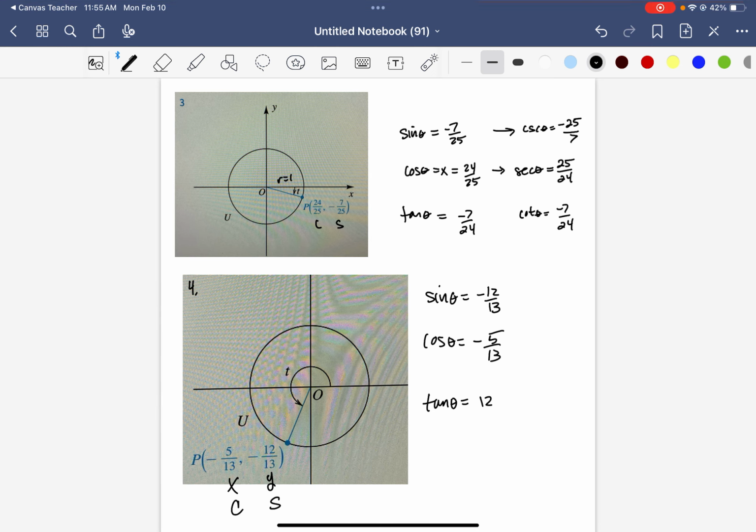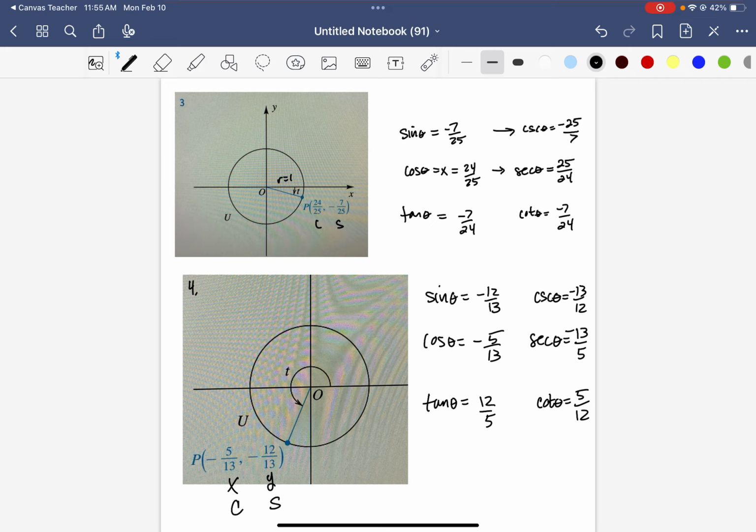So tangent is 12 over 5. That means that cosecant is going to be the reciprocal of sine, so negative 13 over 12. Secant is the reciprocal of cosine, so it's negative 13 over 5. And cotangent is going to be 5 over 12.